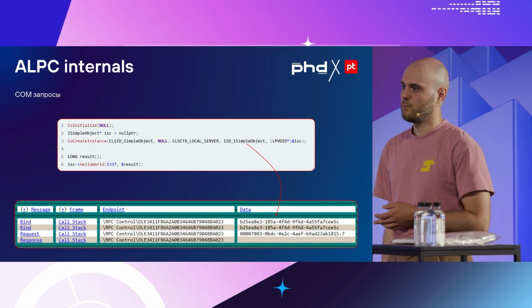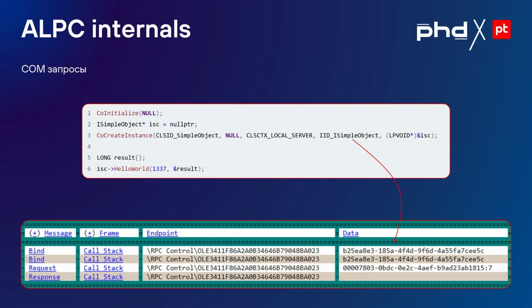COM requests. Disclaimer, in order to make it more indicative, I will be showing a log from WinDbg because, as I said, there are a lot of them, and in this case, it's going to be more indicative. So, once we create instance objects, we indicate the class where this object is used, and the interface itself.